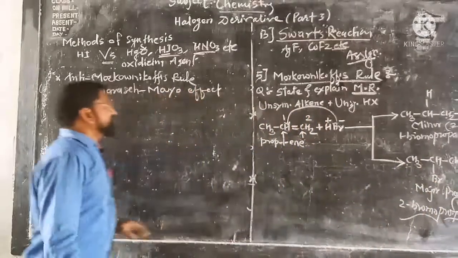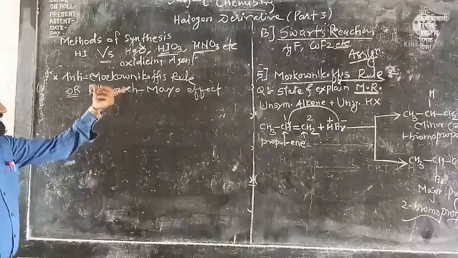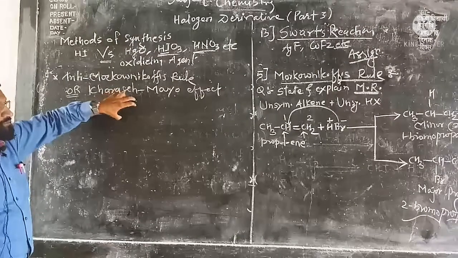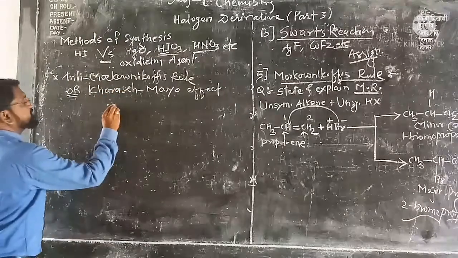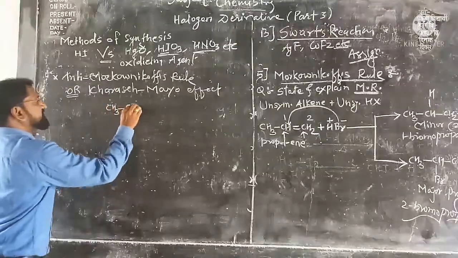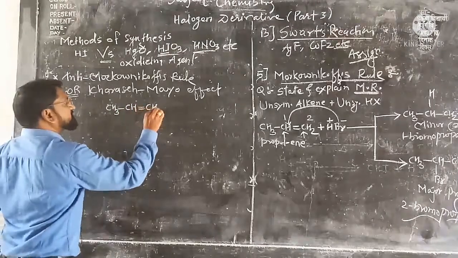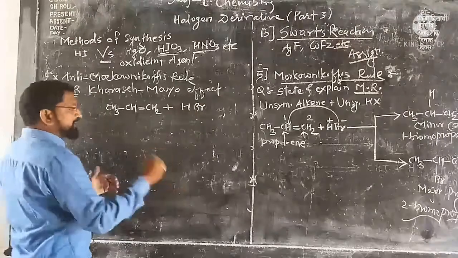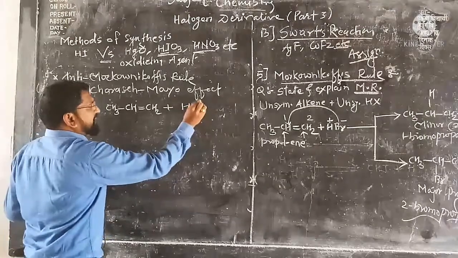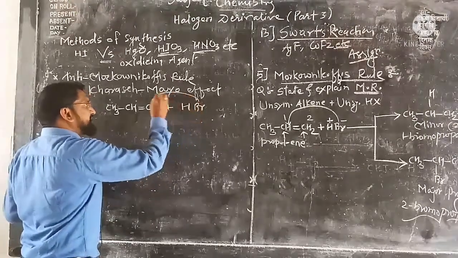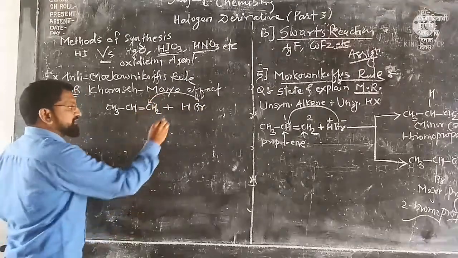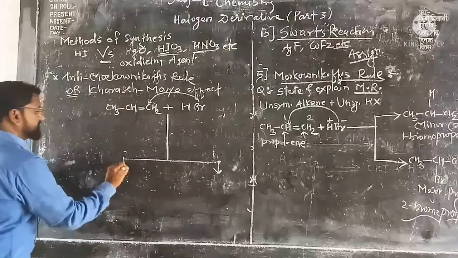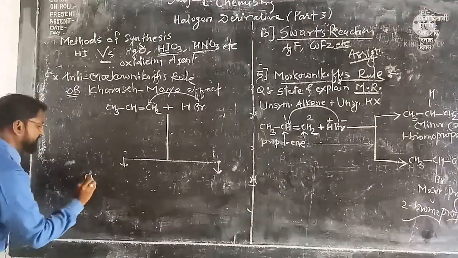Okay, so what we can say in this anti-Markovnikov's rule, during the addition of unsymmetrical reagent to the unsymmetrical alkene, see here, unsymmetrical CH3 CH double bond CH2 plus HBr. So according to this rule, in the opposite direction, the negative part of the adendum goes to that carbon atom which carries more number of hydrogen atoms. Okay, so listen here, we are writing the product here, so no need to explain much more.